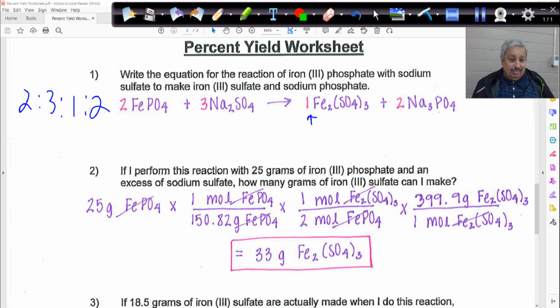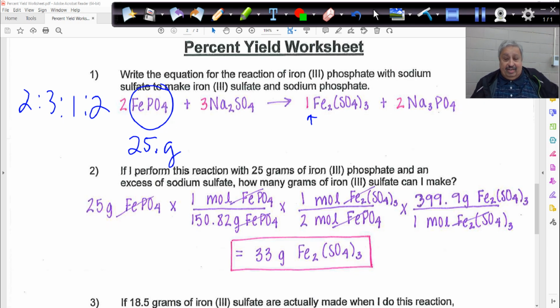So now number 2. If I perform this reaction with 25 grams iron phosphate, I started with this molecule here, iron sulfate, which is 25 grams. There is no decimal, but I like to always put a decimal there.